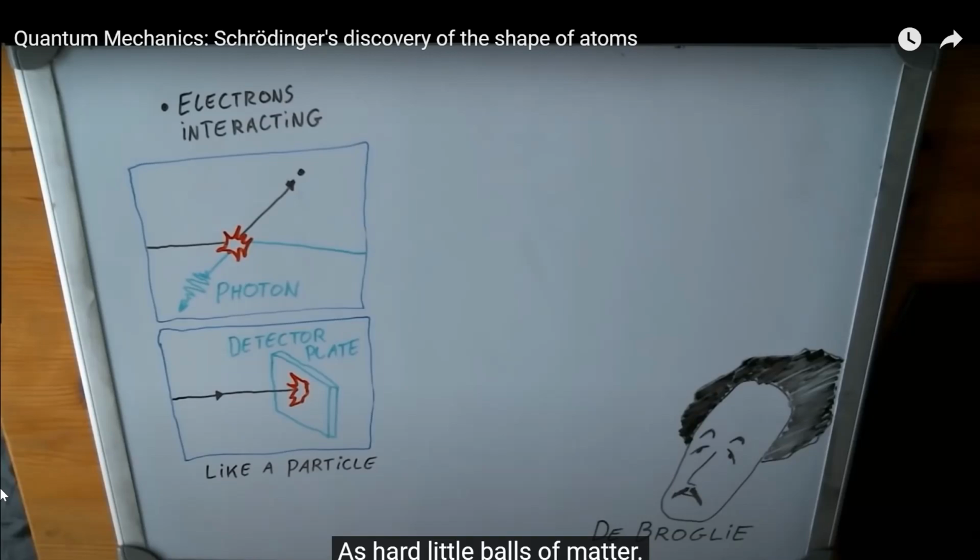But you can rip it off if you shoot enough energy at that atom. And that's called the ionization energy. It'll rip the electron off and turn this atom into an ion. With me so far? So shoot energy at the atom, electron comes off.